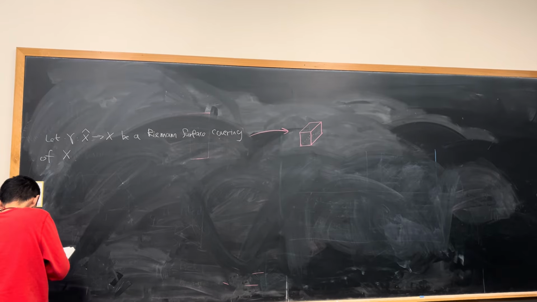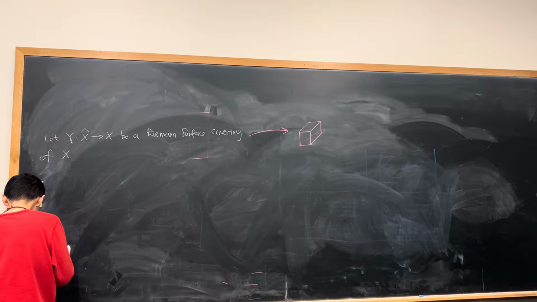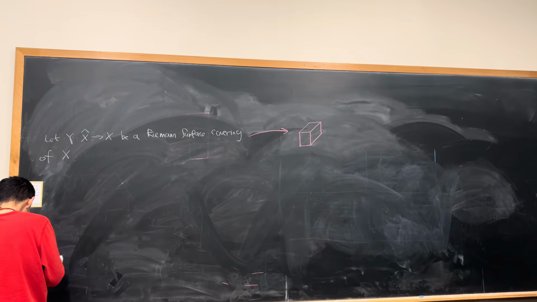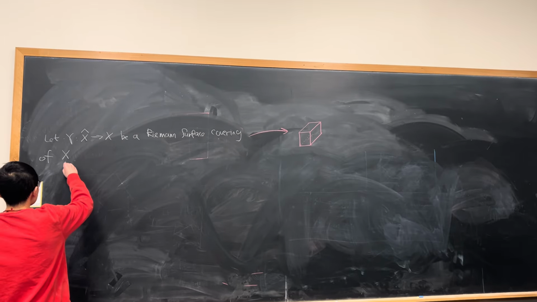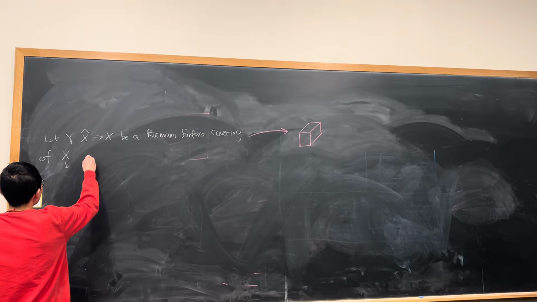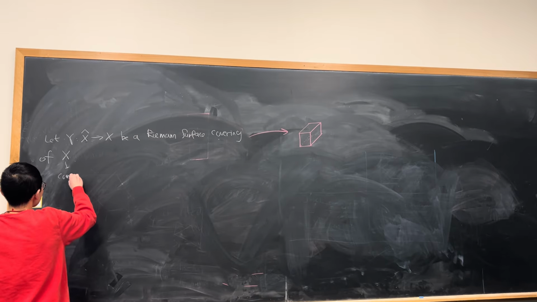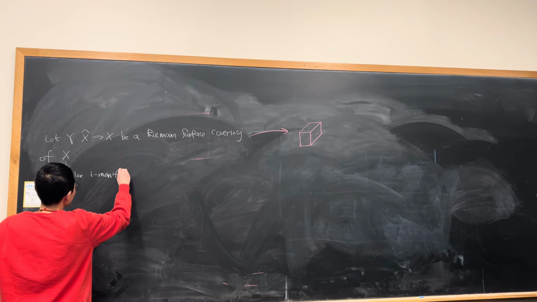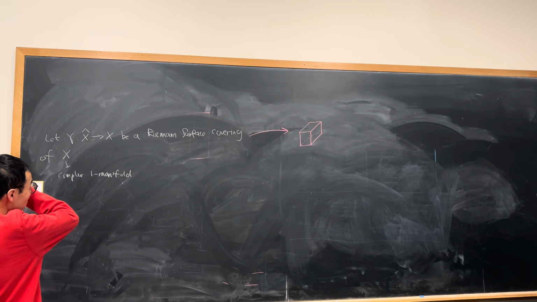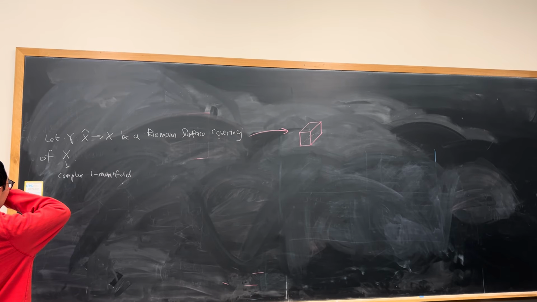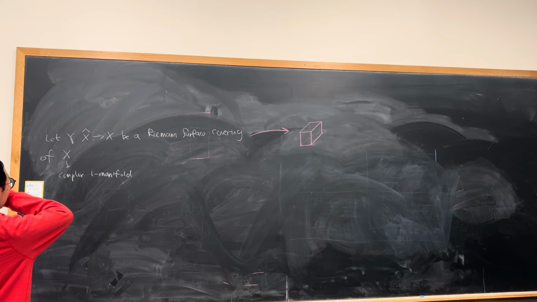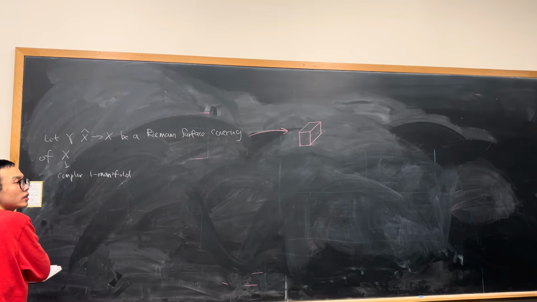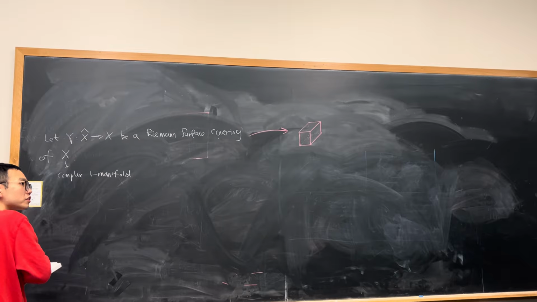So we know that, by the setup, this x is a complex one manifold. Okay, so this x is a complex one manifold, and then this x hat by definition is a Riemann surface, right?